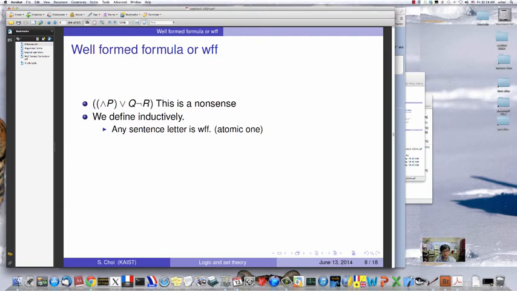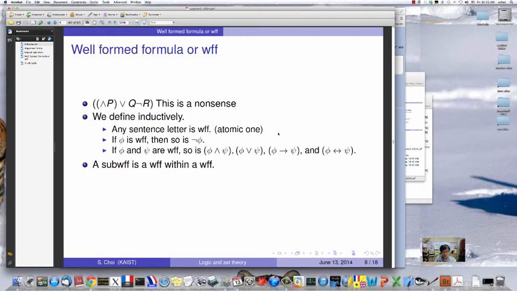So we can define inductively: any sentence letter is a WFF. So any letter like P or Q or R is a WFF. If you have a WFF, you can do the negation; that's a WFF. If phi and psi are WFFs, so is phi and psi, phi or psi, phi implies psi, or phi if and only if psi. These are going to be well-formed formulas.